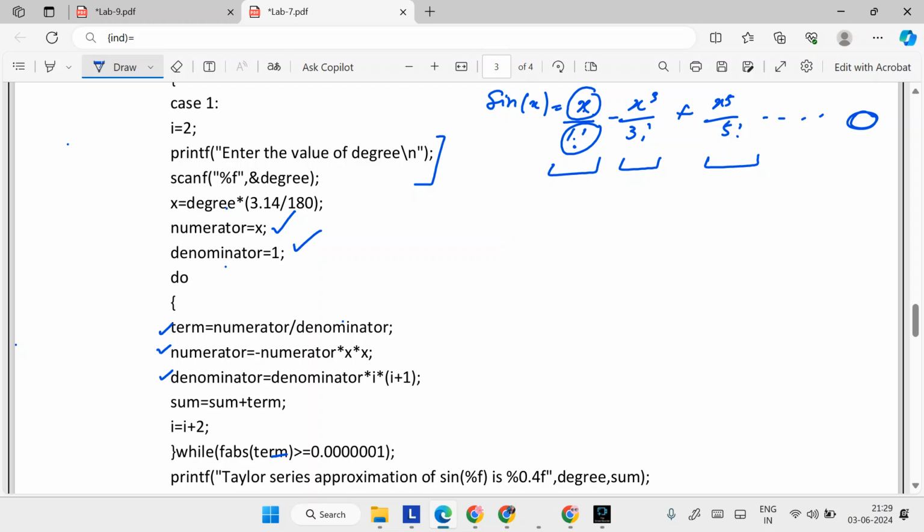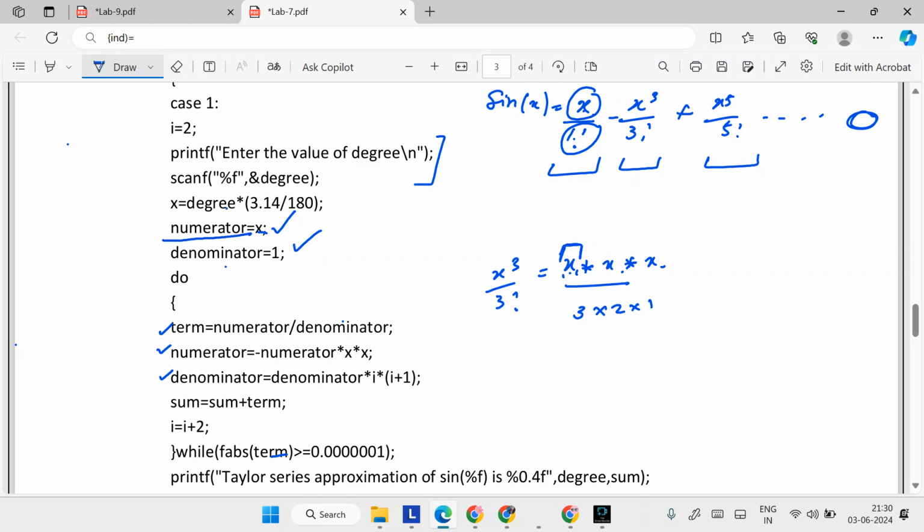See, the next term is x cube divided by 3 factorial. So x to the power of 3 is x into x into x. And this one is 3 into 2 into 1. See here, this particular term, 3 factorial, is 3 into 2 into 1, and the numerator is x into x into x. What is this first x? The first x can be considered as your previous numerator.